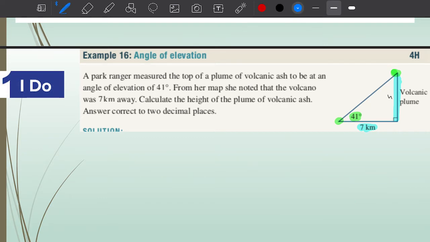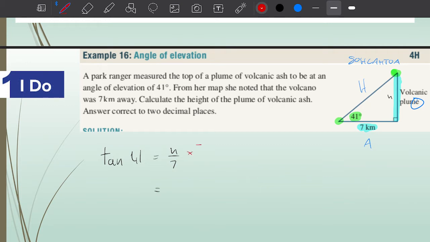Now let's think back to our adjacent, opposite, hypotenuse. Which one do we need? SOHCAHTOA. We've got opposite and we've got adjacent. I have written these the wrong way around. I'm sorry, guys. Opposite is over here. Hypotenuse is here. Sorry about that. So the ratio that we're going to need for this question is tan. Tan 41 equals the height of the plume divided by the adjacent side, the distance away from it.